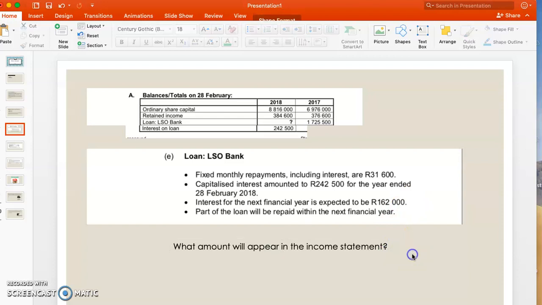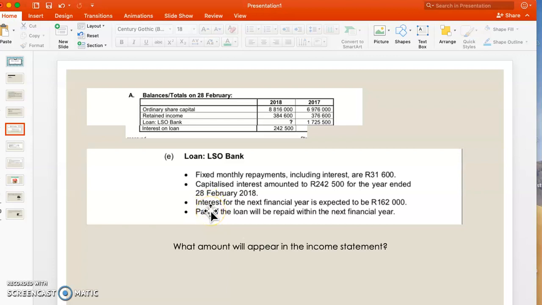Okay, first, very important, you need to know what they are asking you. What is the instruction? Here you can't see the entire question, so you don't know what was required. I think this question was an income statement and a balance sheet. So firstly, interest for the next financial year and part of the loan, these two go into the balance sheet.